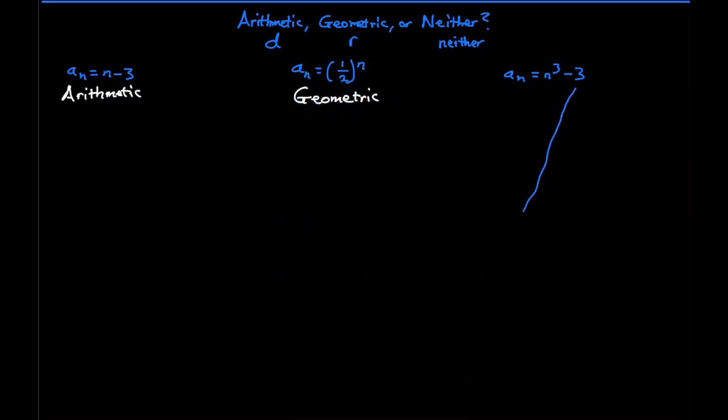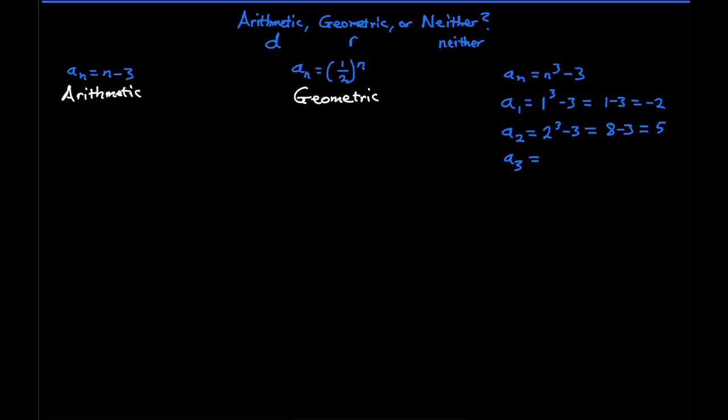Now here, you do the same thing. You find the first 4 terms. Wherever you have n, you just put a 1 for the first term. This becomes 1 minus 3, which is negative 2. Then you start over. You put the 2 where the n is, and you simplify it. This becomes 8 minus 3, which is 5. And we'll find another term. You start over here.